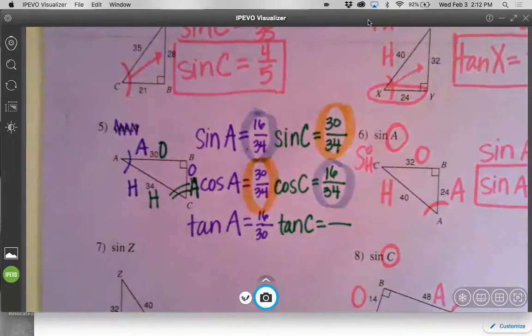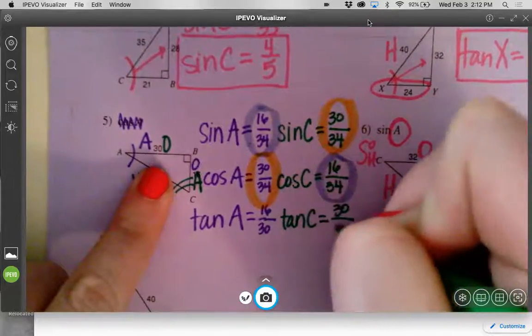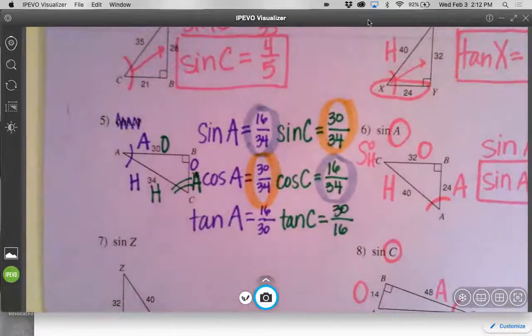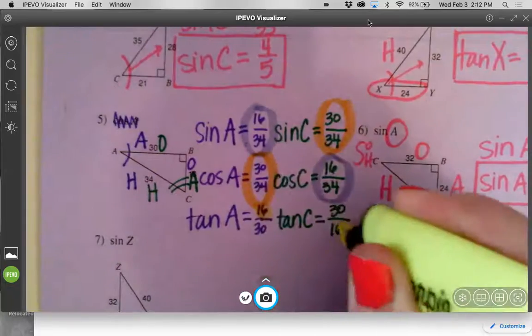Good. So let's go ahead and do tangent. Tangent's opposite over adjacent. The opposite's now 30, the adjacent 16. You can see that's the inverse. You just flip the fraction over. So what we've got going on here is something that you can use as a little bit of a shortcut.